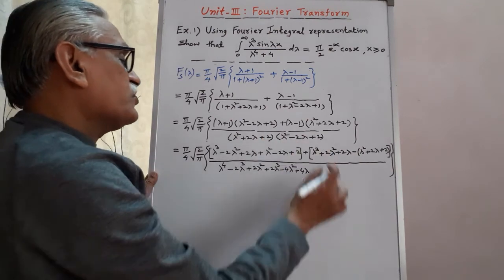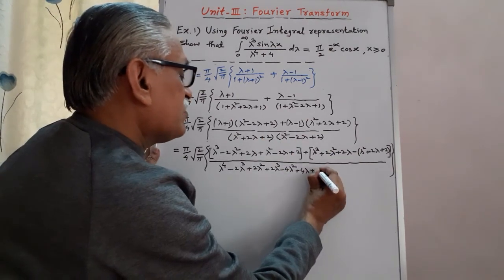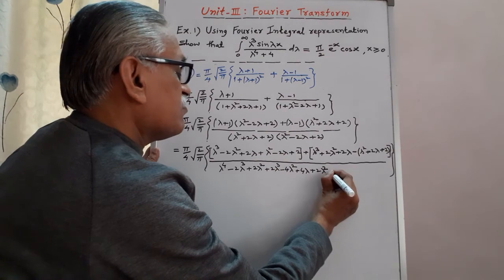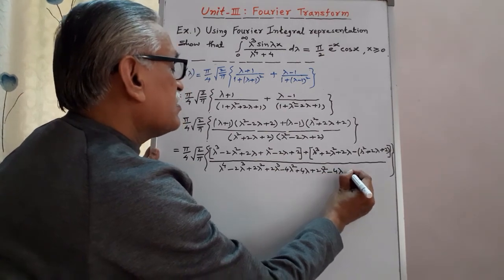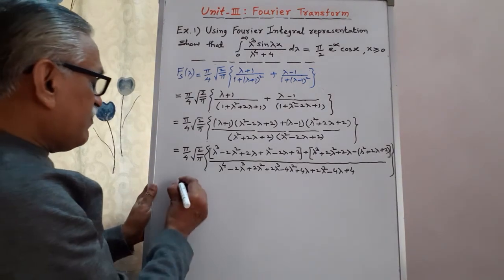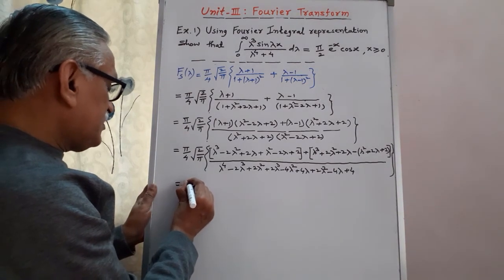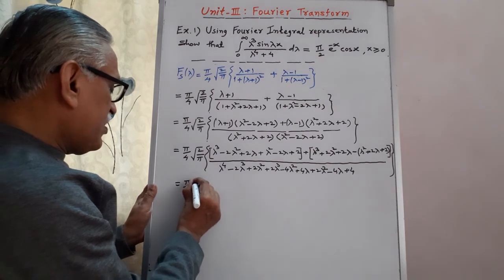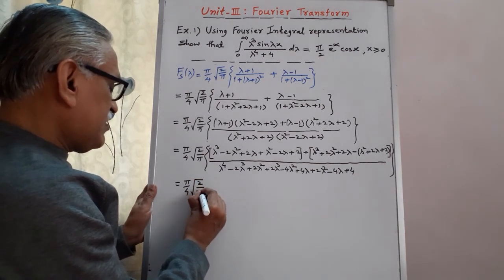Then multiplying by 2 to this, we get 2 lambda square minus 4 lambda and plus 4. And then simplifying the terms, we get pi by 4 into root of 2 by pi.